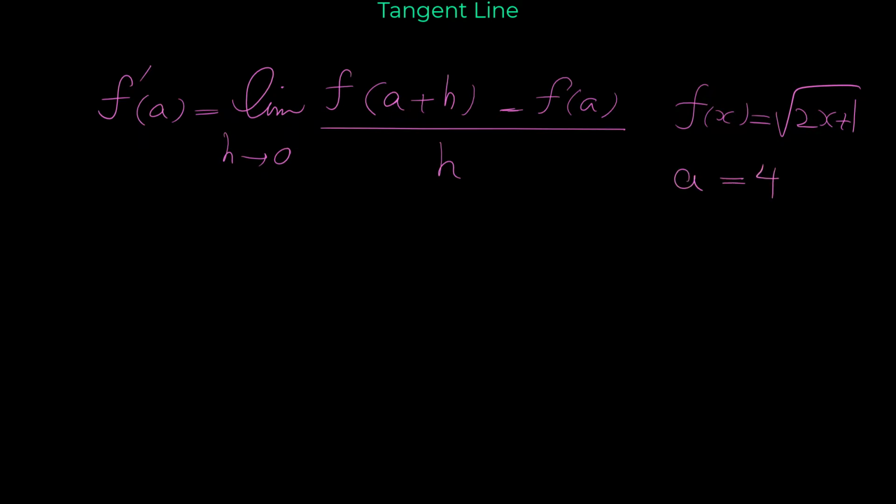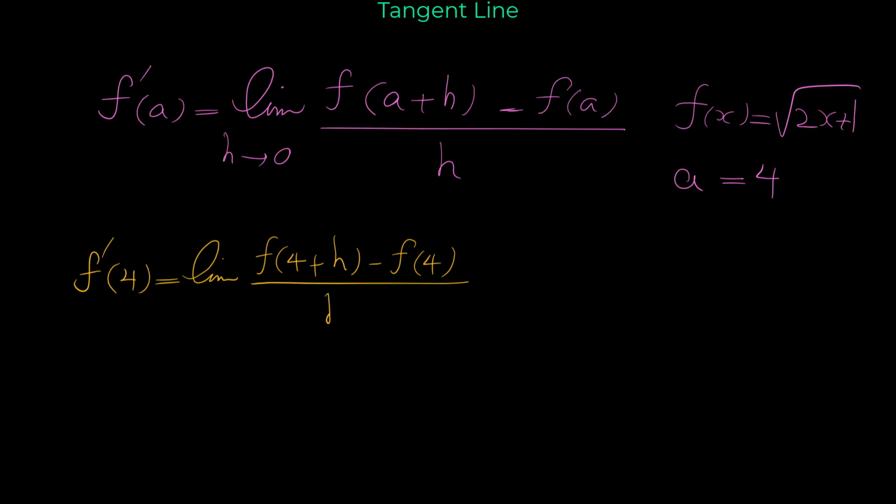So let us start finding f prime of 4. It would be limit of f of 4 plus h minus f of 4 all over h as h approaches 0. F prime of 4 would be limit, h in denominator, h approaches 0.